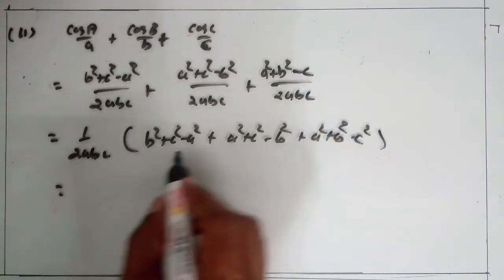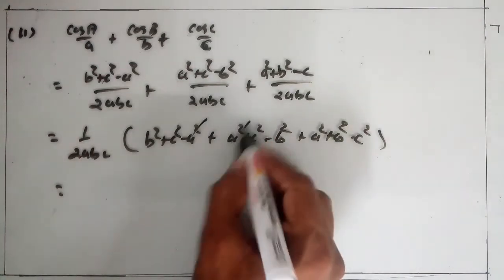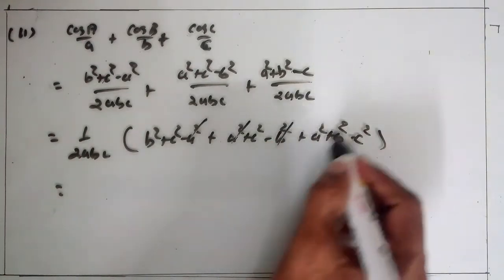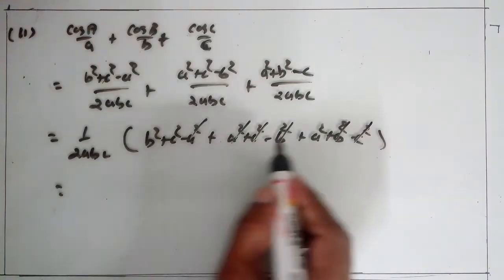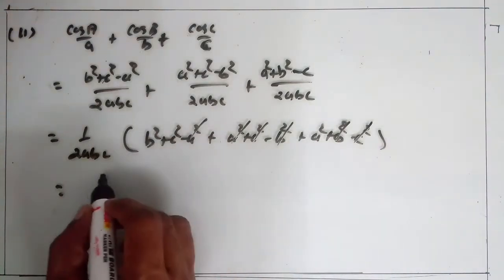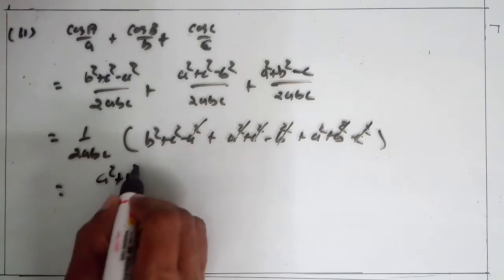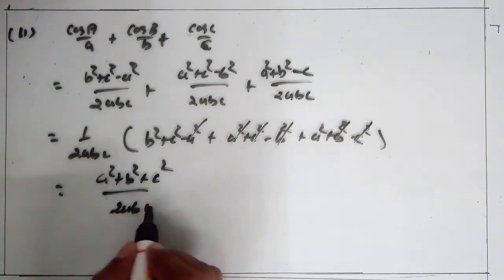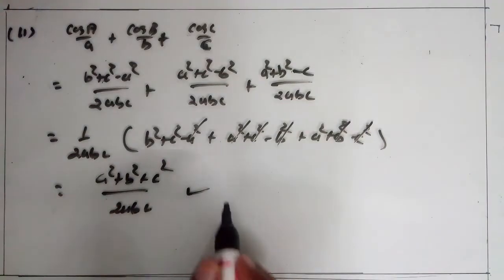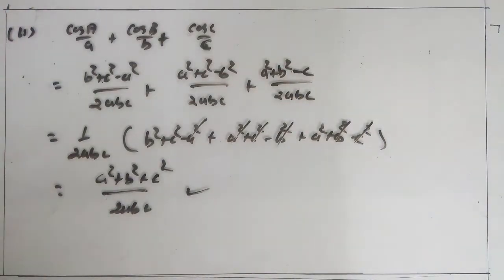So it is equal to, here minus a square plus a square cancel, minus b square plus b square cancel, minus c square plus c square cancel. So a square, b square, c square. So (a square plus b square plus c square) upon 2abc. Clear this? Hence proved. This is the right hand side. Clear?